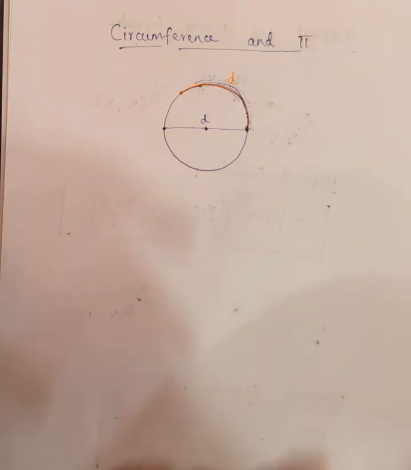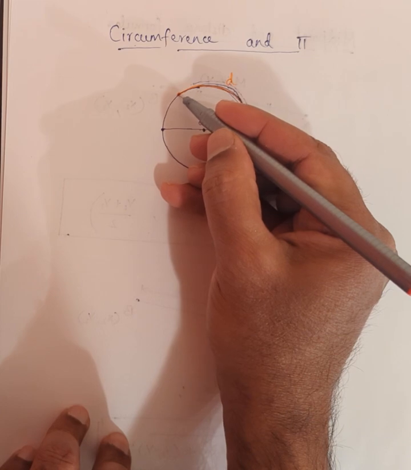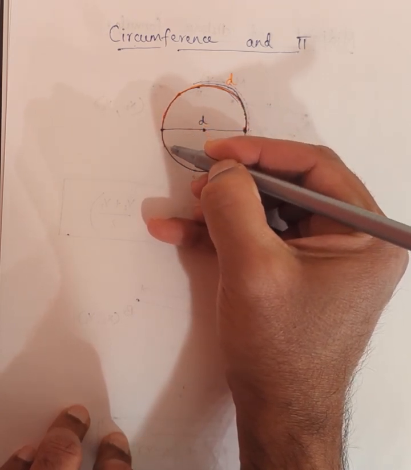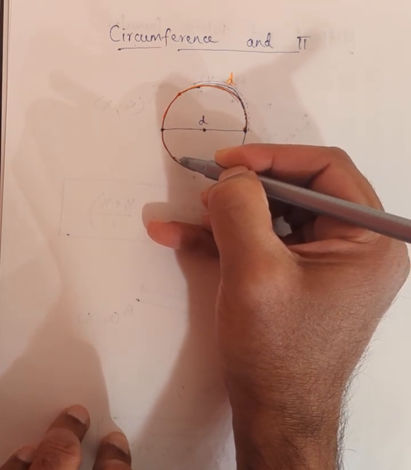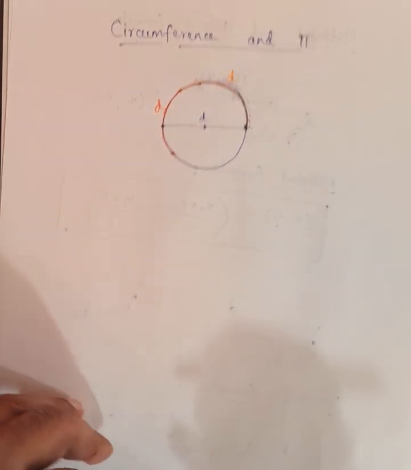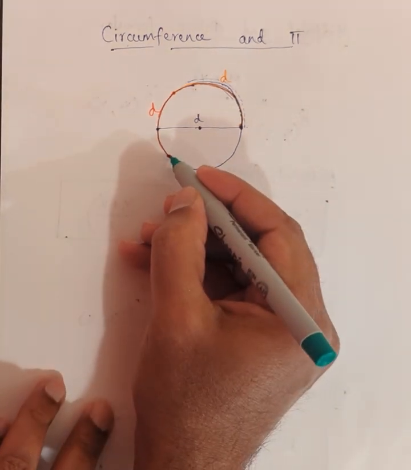And then let's use red for another diameter length. And the second diameter might go about this far. So this is another diameter. And the third diameter, let's say, will go.